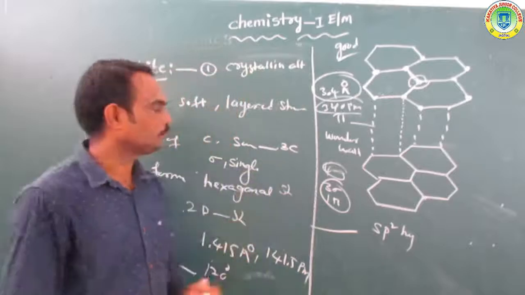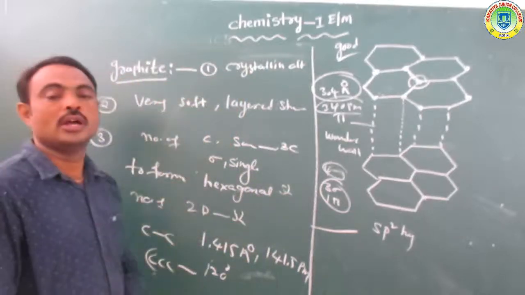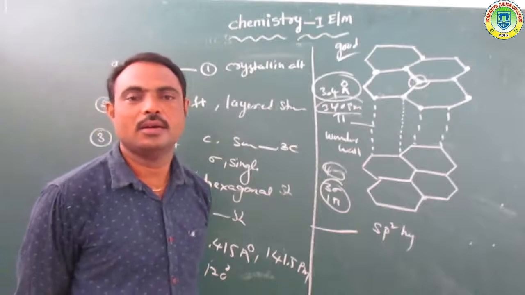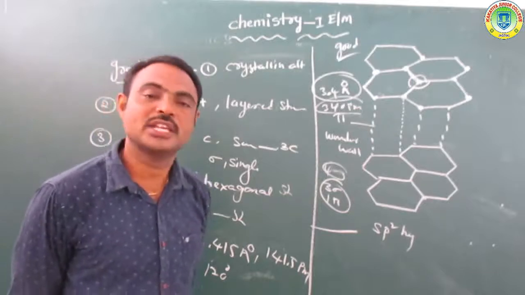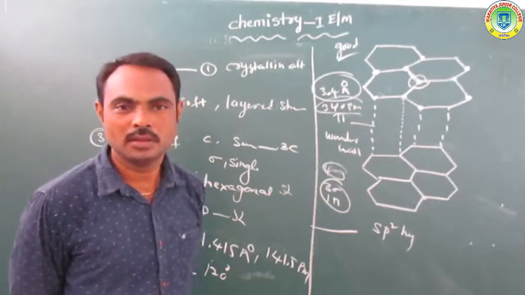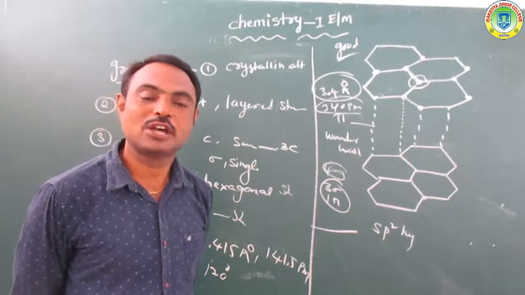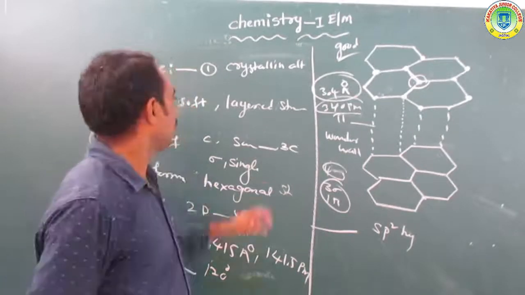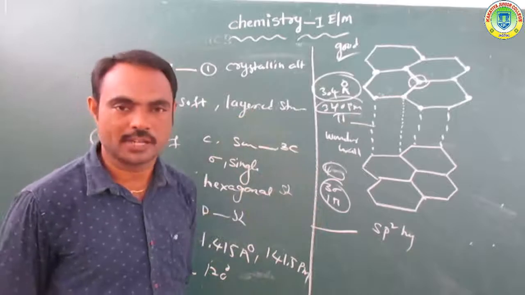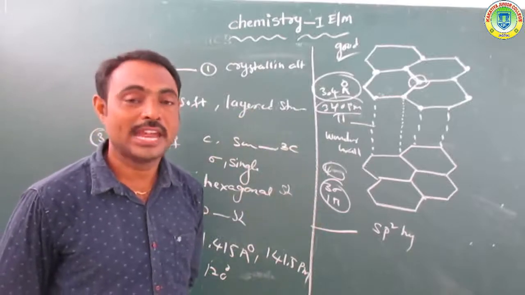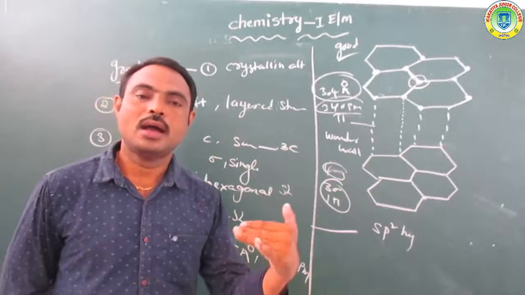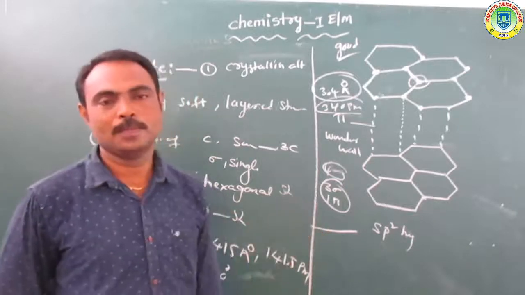Okay, listen. Graphite is one of the most important crystalline allotropes of carbon. It is a very soft compound and it has a layered structure. One layer slides on the surface of another layer.